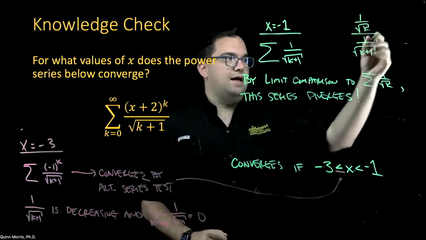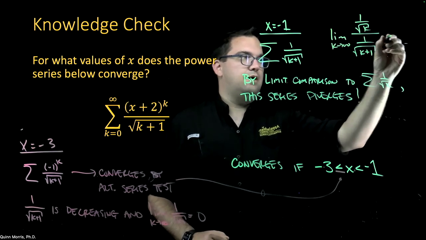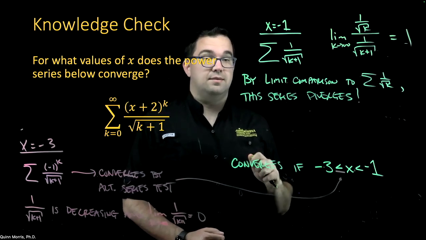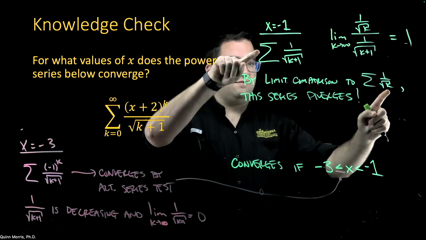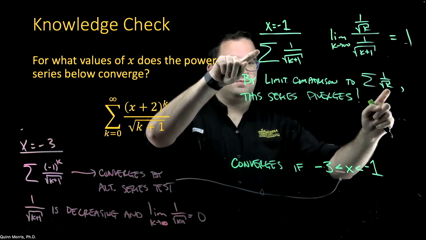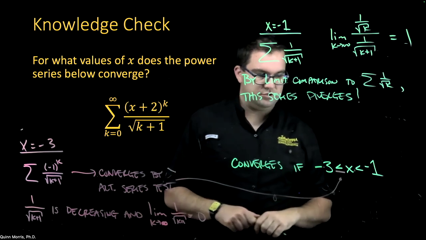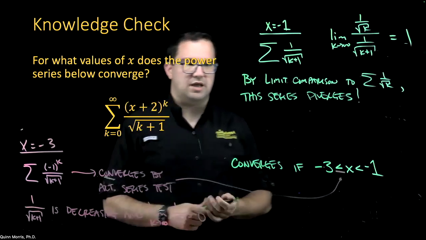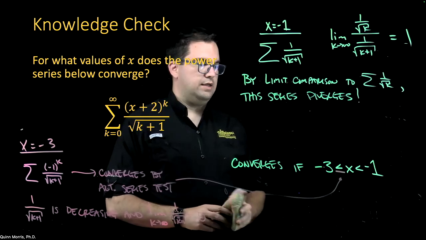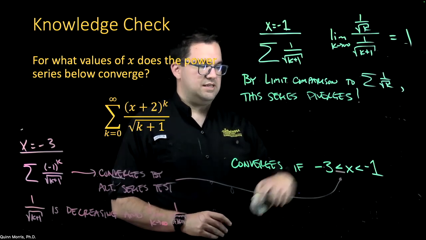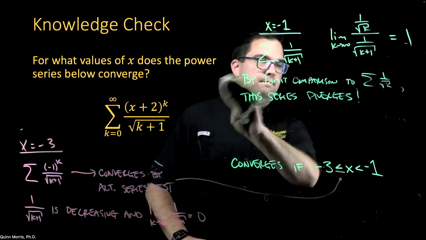When I take the limit as k goes to infinity, I would get that limit as 1. The limit comparison test then tells me these series either both converge or both diverge. But I know this diverges because it's a p-series, and therefore this series must also diverge. So I don't need to add an equal sign there. I just simply get convergence when x is equal to -3, not at x is equal to -1. All right.